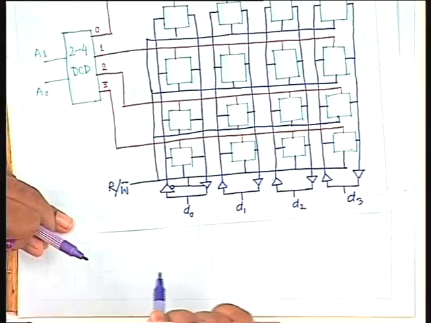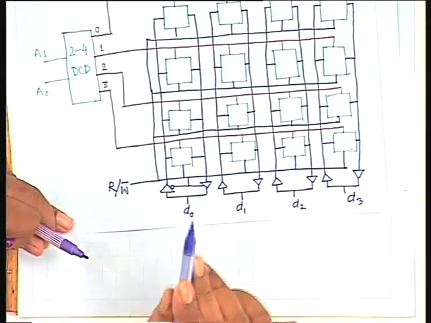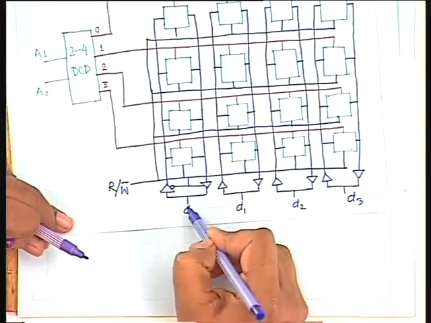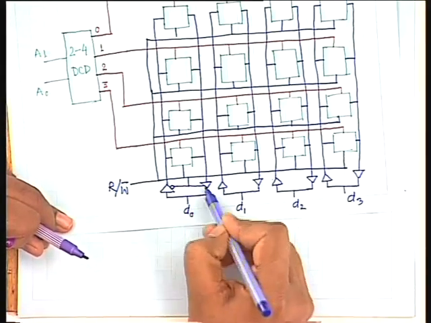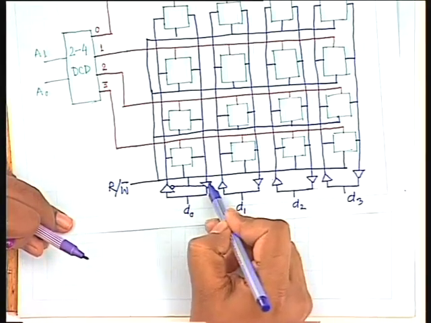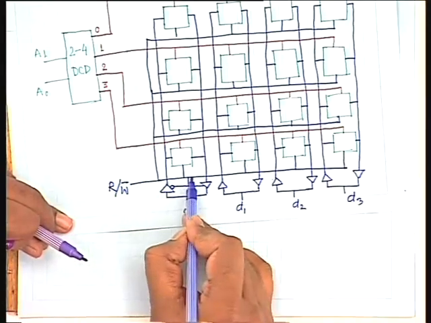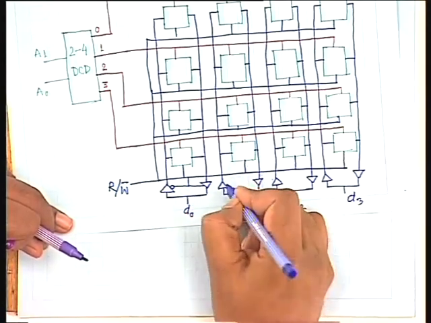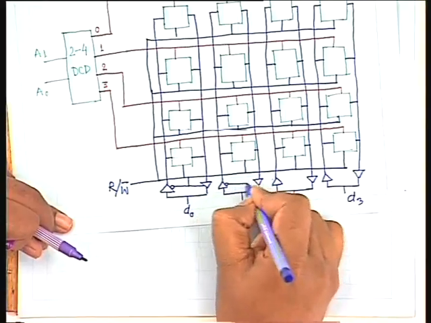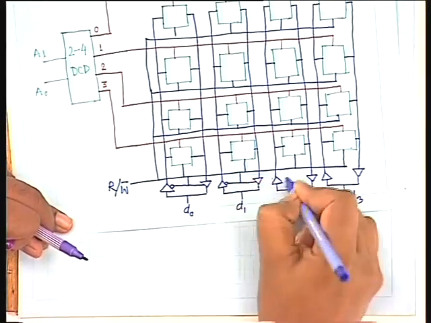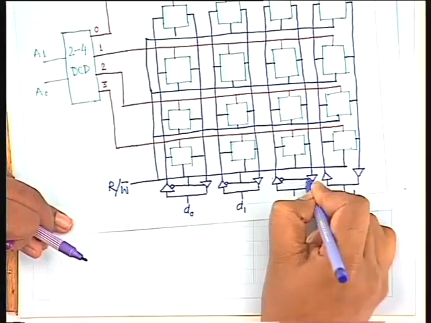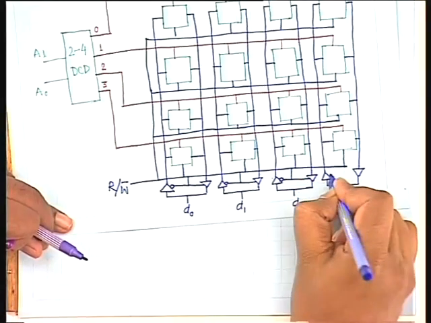If it is a read operation, data from the selected cell has to come to the external data line, so this particular buffer has to be active, and that is set by this read-write bar line. So I'll have similar connections to all these pairs.